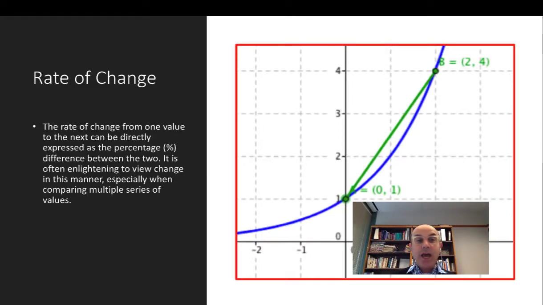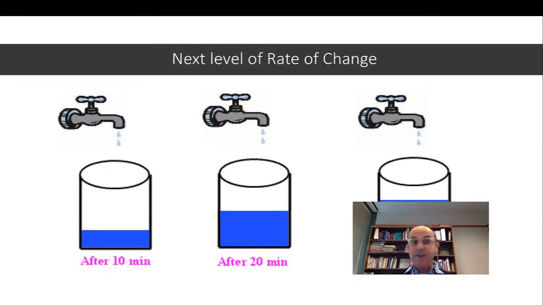The rate of change from one variable to the next can have an effect on how you display that in the visualization. Think about the rate of change in the sense of water. After 10 minutes, after 20 minutes, and after 30 minutes, you will see that the level of water has grown. This is the rate of change.